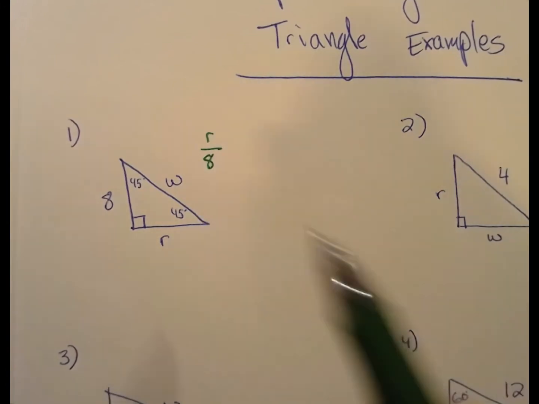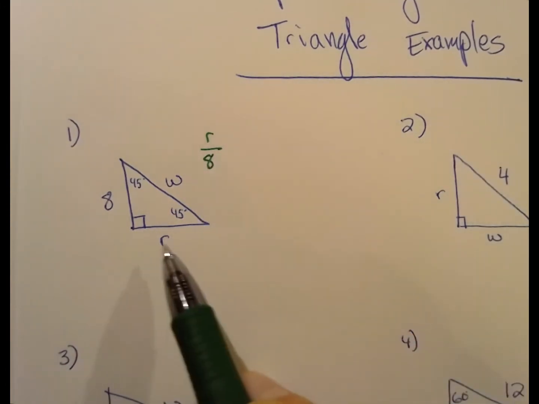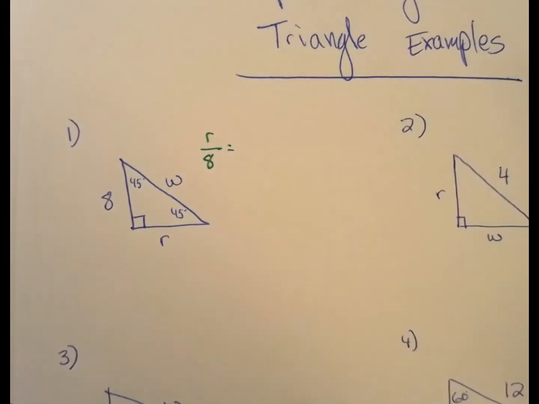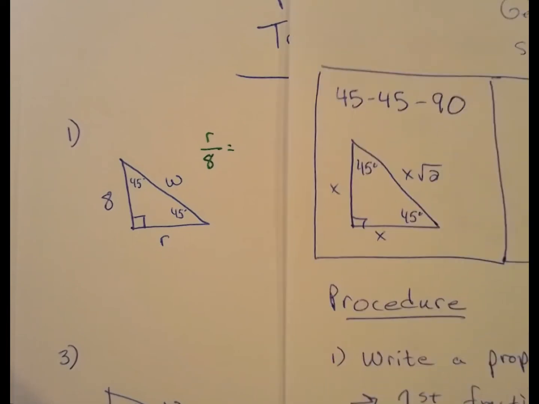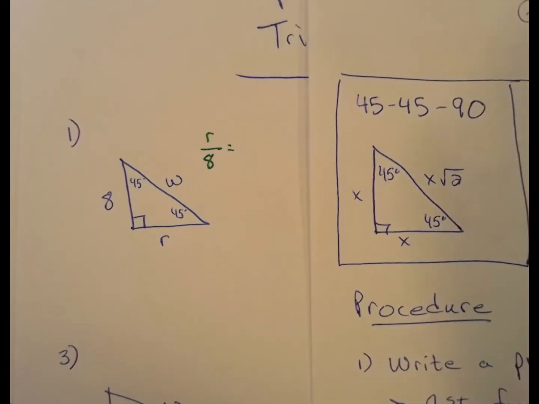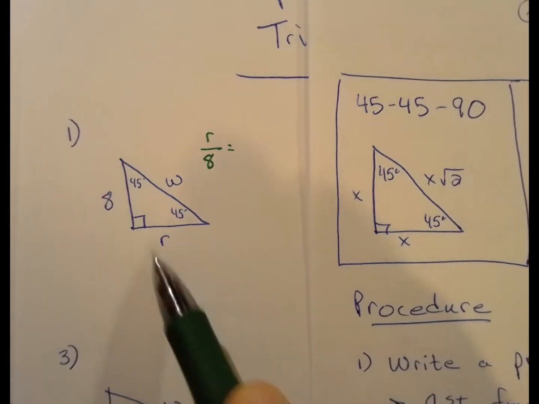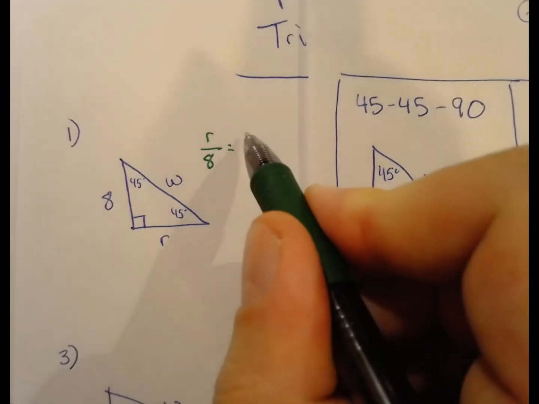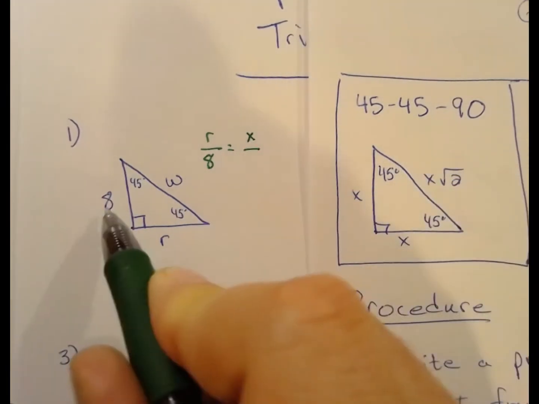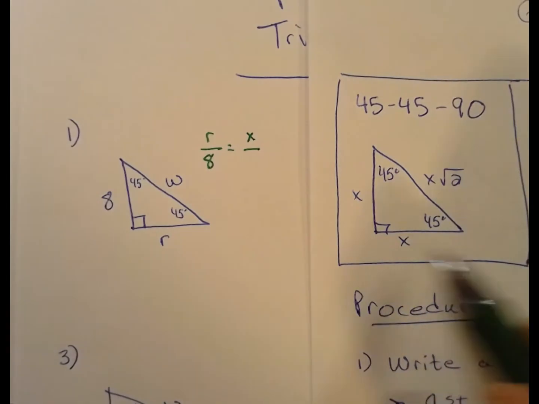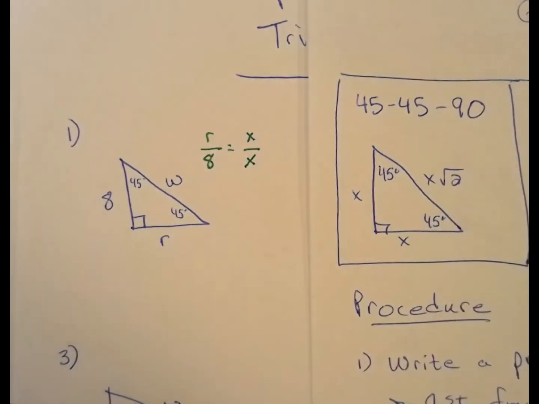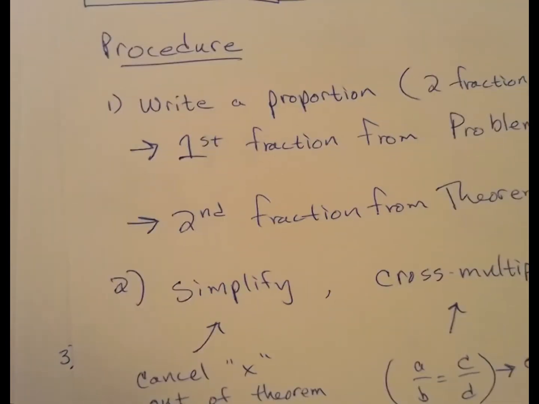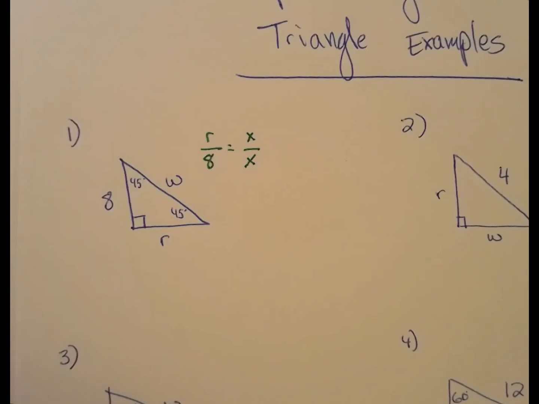All right, so our first ratio is from the problem. It's just a variable, so I'm solving for R first, and a number that I know. Doesn't really matter which goes on top or which goes on bottom, but what matters is when we use the theorem that we correspond. So R is between 90 and 45, from the theorem, that's X. 8 is between 90 and 45, from the theorem, that is also X. Once you have your proportion written out, simplify, cross multiply, simplify.